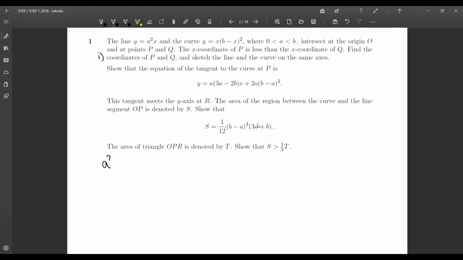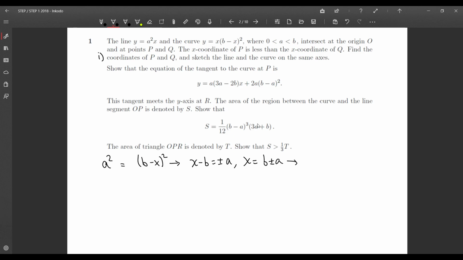So basically find the points where a squared x intersects x times (b minus x) squared. Now, of course, we have this common factor of x, so we can just divide out by x, since we're already given that they intersect at the origin. And this just leaves us with squares on both sides. So we can write x minus b is plus or minus a, so x is b plus or minus a.